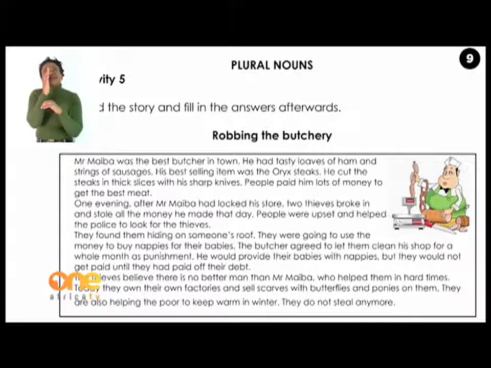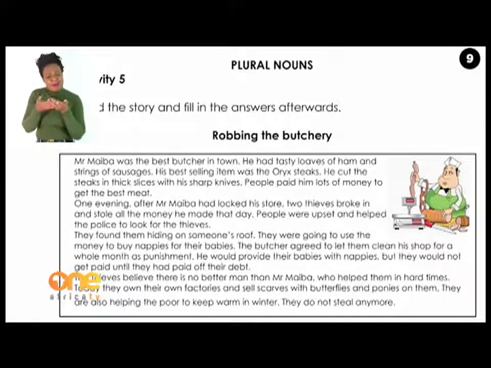They were going to use the money to buy nappies for their babies. The butcher agreed to let them clean his shop for a whole month as punishment. He would provide their babies with nappies, but they would not get paid until they had paid off their debts. The thieves believe there is no better man than Mr. Mayber, who helped them in hard times.